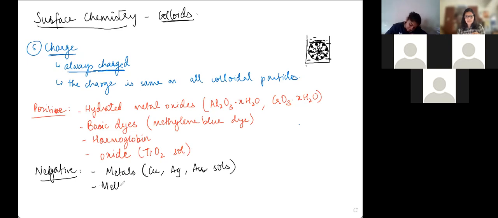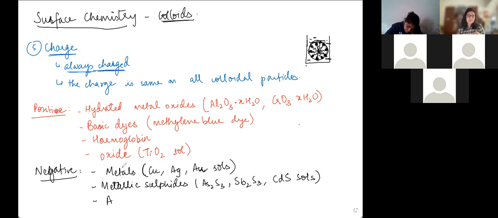Metallic sulfides also come under negative sols. Common ones you prepare are As2S3 arsenic sulfide, antimony sulfide, cadmium sulfide, Cd is cadmium. Then acidic dyes.